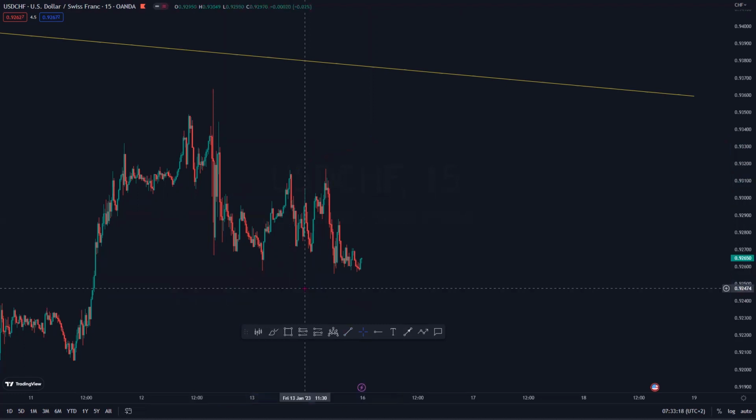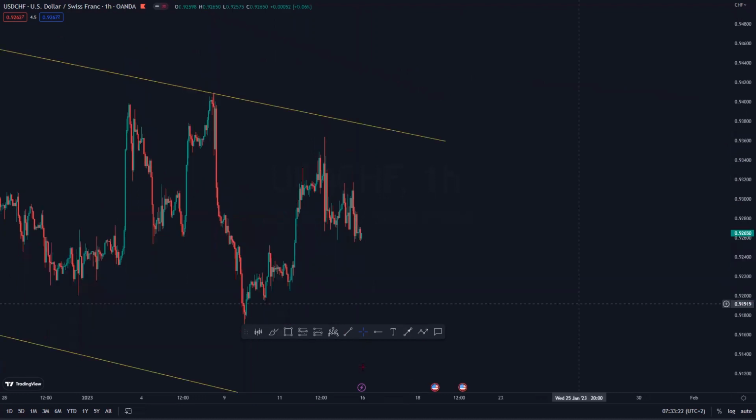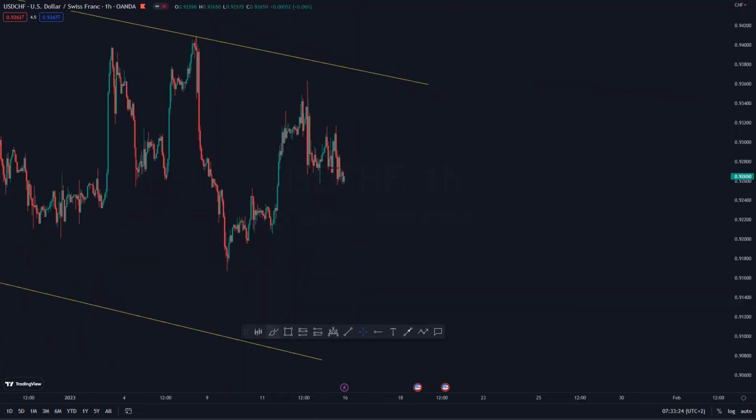So let's go to 1 hour. The thing is, we might need to get a strong push to the downside and have a correction. That's when I'll know, okay, we have a strong push and a correction. That's when I'll look for my sell opportunities.